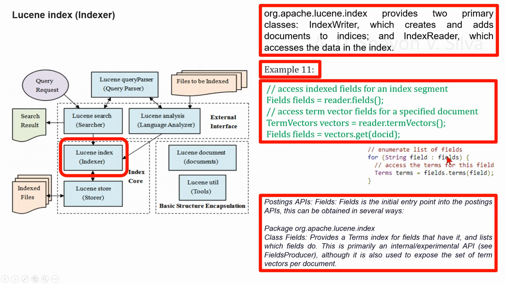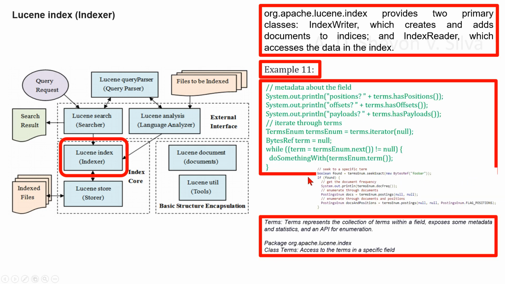So enumerate a list of fields. Access the terms for this field. Here you can see Terms. The Terms class represents a collection of terms within a field, exposes some metadata and statistics, and an API for enumeration.